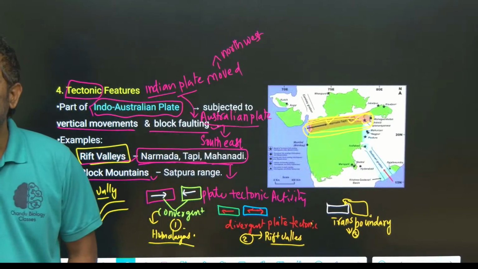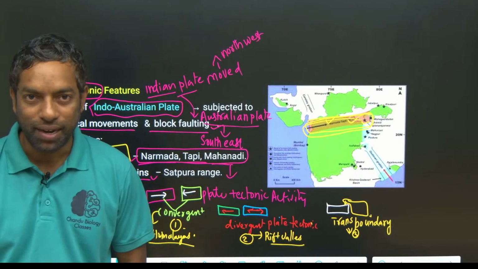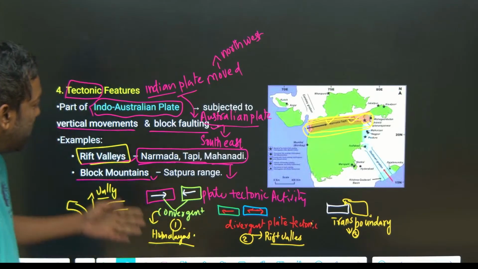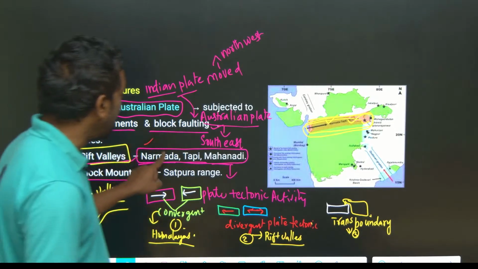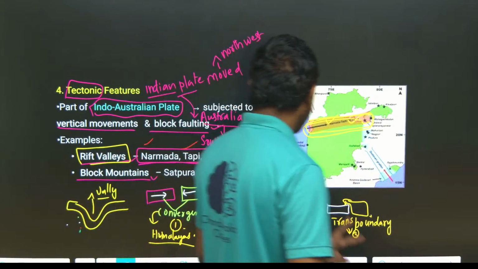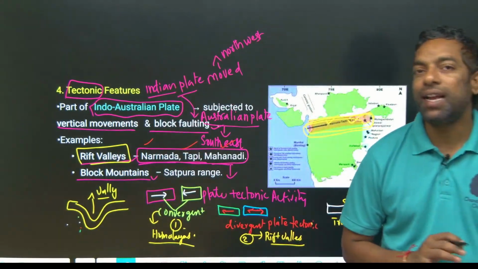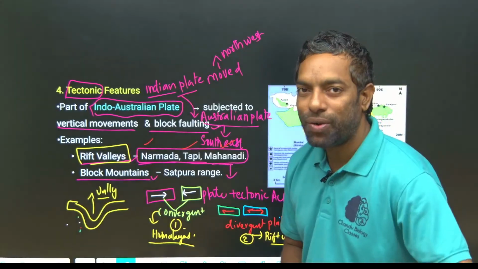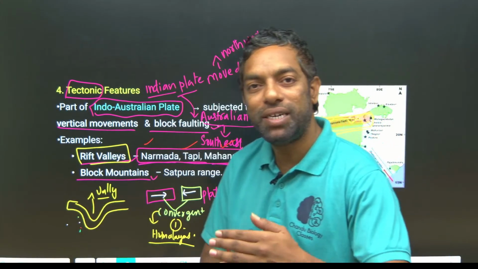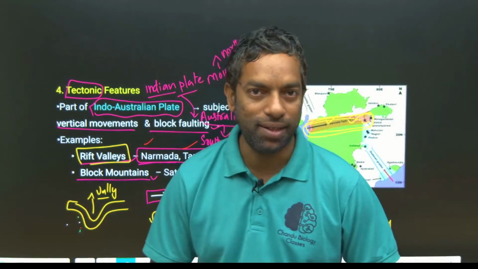The Narmada, Tapi and Mahanadi are rift valleys created by divergent plate tectonic activity. I hope you guys understand this.